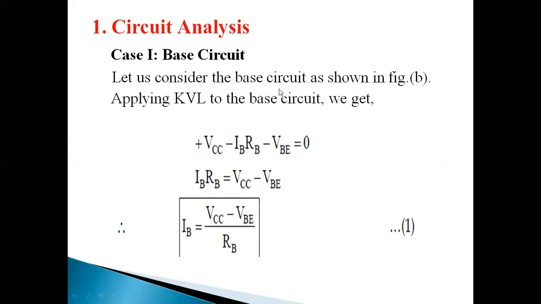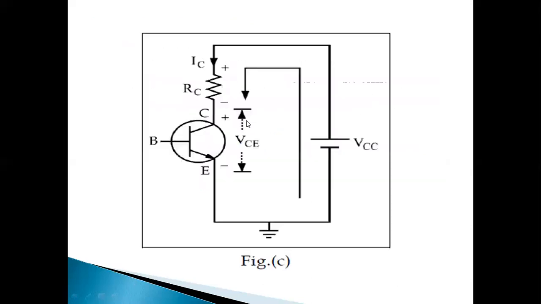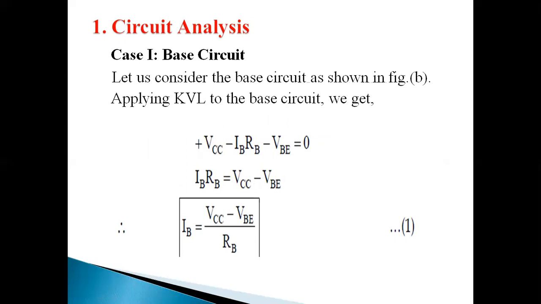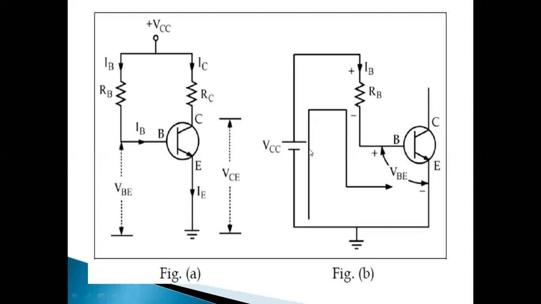So let us consider the base circuit in the given figure. Applying KVL to the base circuit, we get plus VCC minus IB into RB minus VB is equal to 0. See here, VCC minus IB into RB, the voltage drop across the resistance RB, and minus VB.